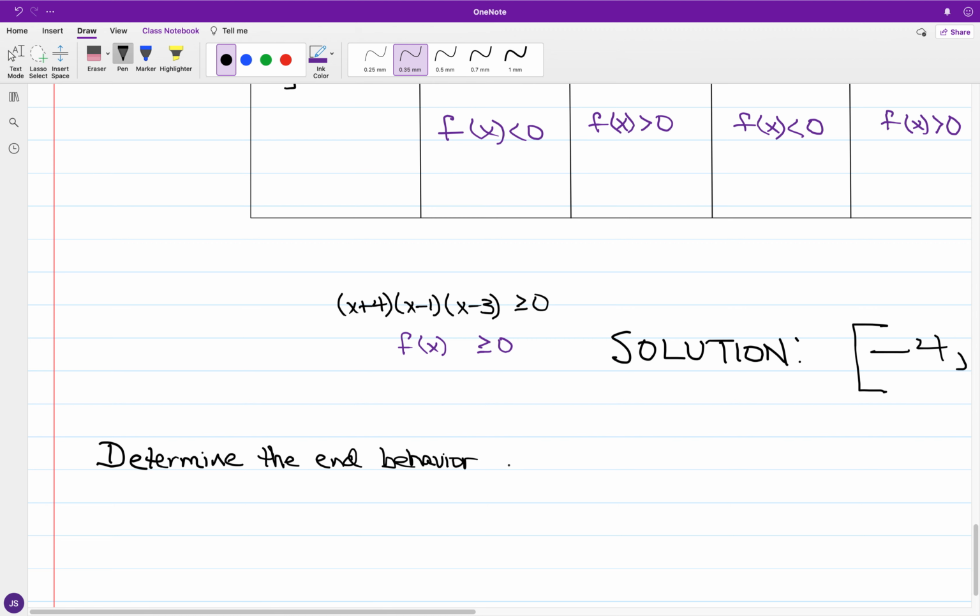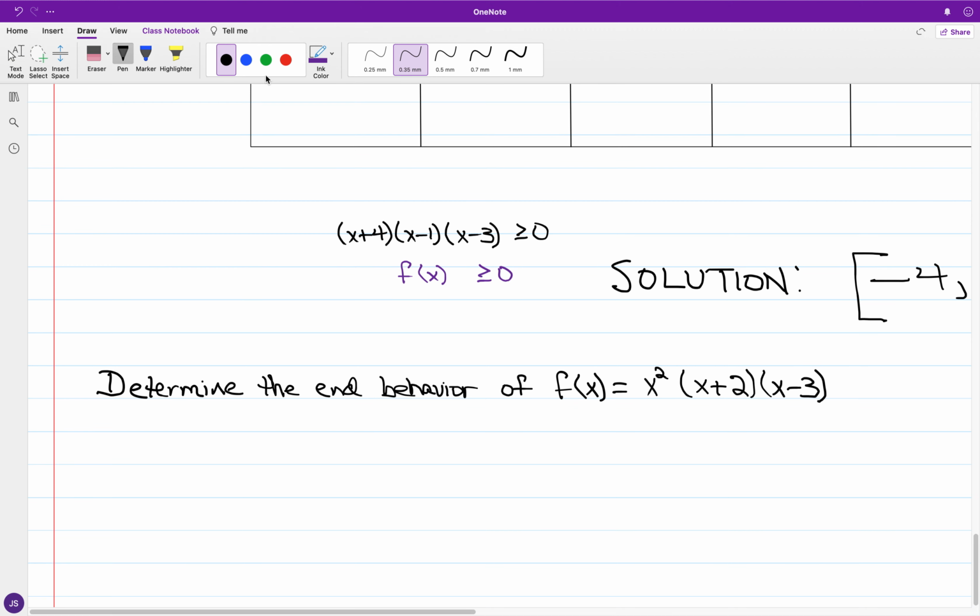Instead of looking at determining the end behavior of a polynomial function, I'll have this one in factored form. So you have x squared times the quantity of x plus 2 times the quantity of x minus 3. Now in creating a dynamic here, you've got your function and you're looking at the end behavior.